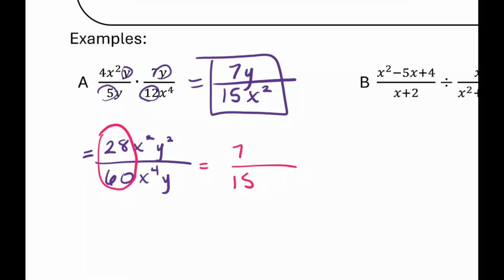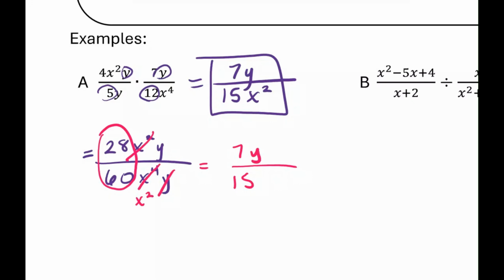I'm still going to cancel out, let's see, 2 y's from the top. Actually, I've got 2 on the top, 1 on the bottom, so I can get rid of 1 on the top and 1 from the bottom. And then 2 from the top here and 2 from the bottom, so that'd be an x squared.